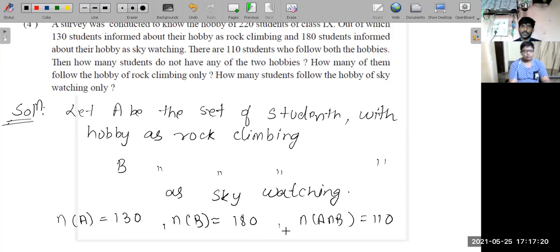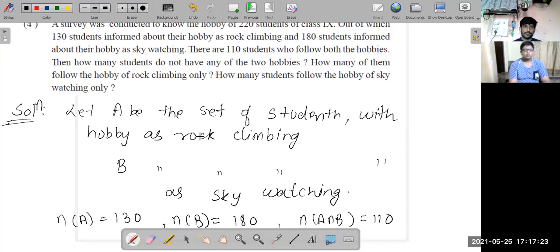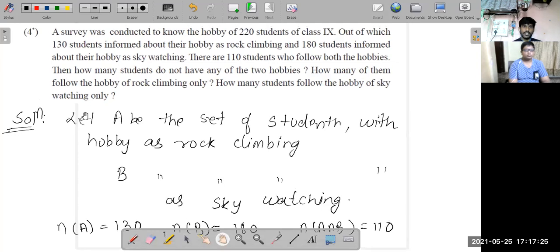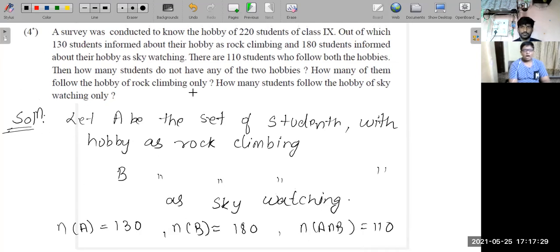One more thing is given to you. Can you read the question clearly and see what is that one more thing given? How many students do not have any of the two hobbies? That you have to find out. I'm asking, you're missing one thing that is given in the question. The number of students. 220.